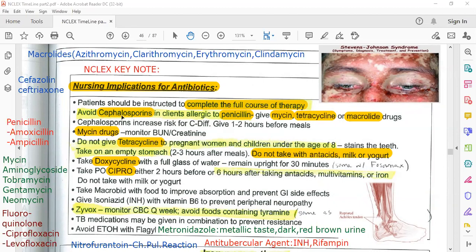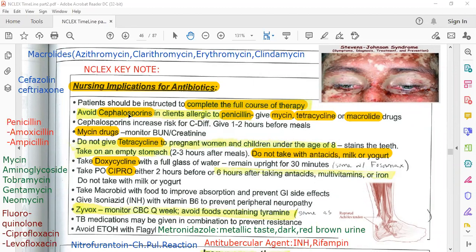The most common cephalosporins we use are cefazolin or ceftriaxone. The group of drugs is called cephalosporin, like cephalexin, cefazolin, and ceftriaxone all together, right? So what is the note we learn from here?